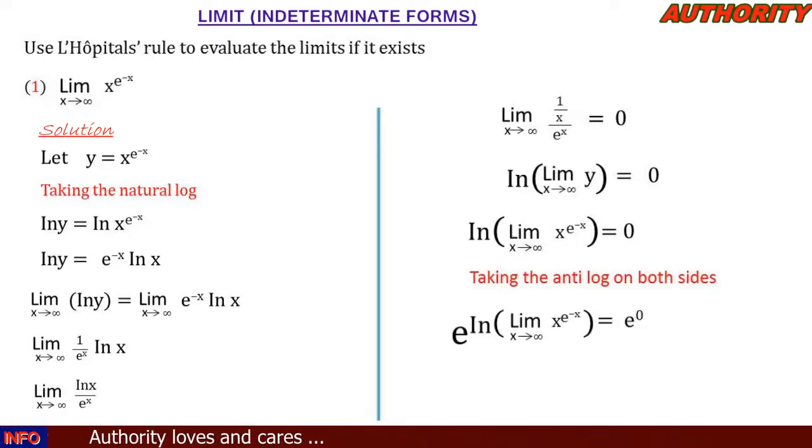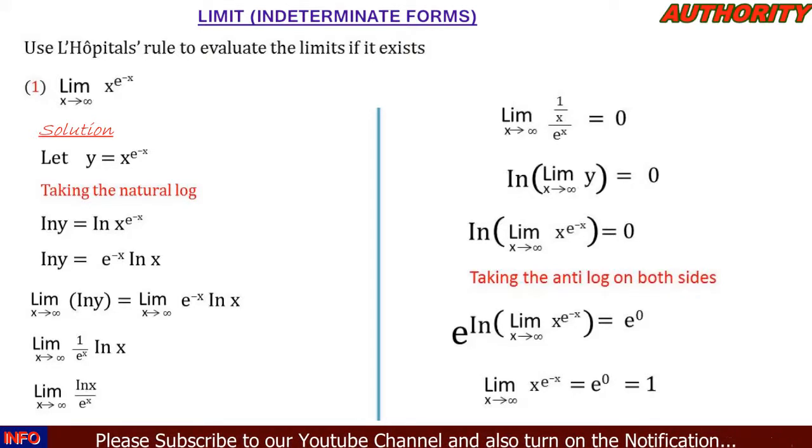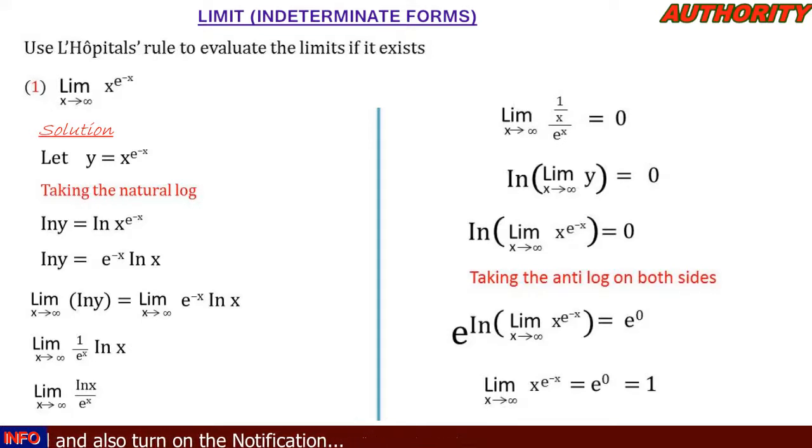That means we have e raised to the power of the limit as x approaches infinity of ln y, so the limit as x approaches infinity of x raised to the power e^(-x) is equal to e raised to the power 0, which is equal to 1. So we have simplified using L'Hopital's rule, and the limit as x approaches infinity of x raised to the power e^(-x) is equal to 1.